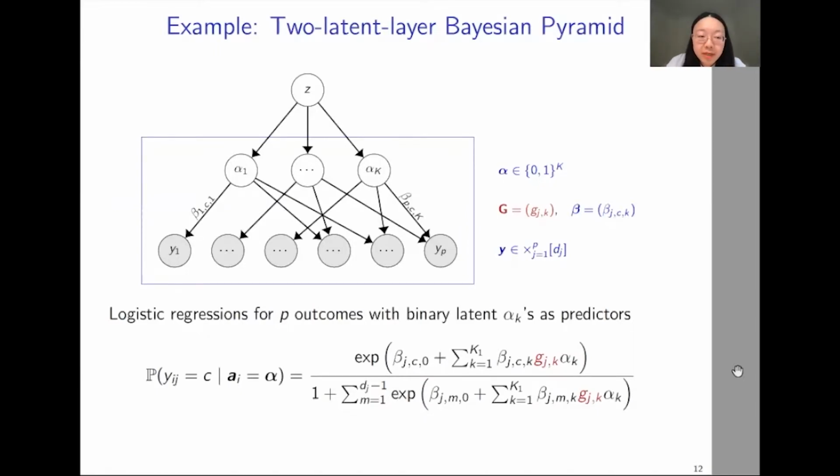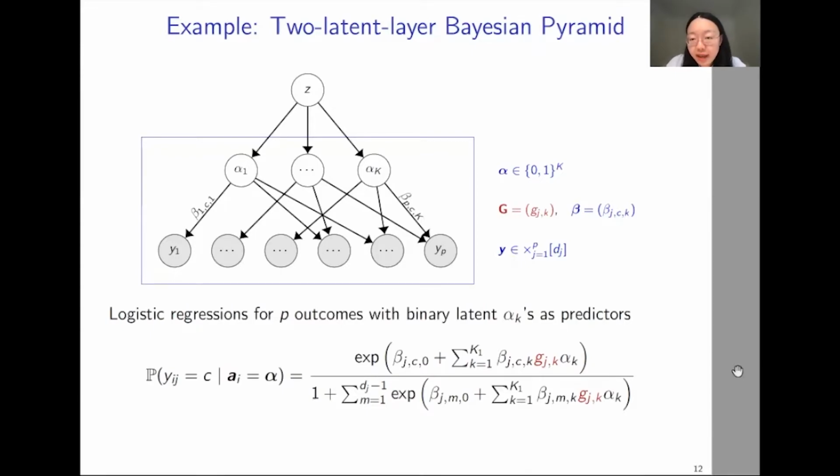Specifically, as mentioned before, we specify the conditional distribution of the Y_j's to be multinomial logit. And inside the logit, we have the linear predictors. Now an important fact to note is that the graphical matrix G plays an important role in specifying these conditional distributions.